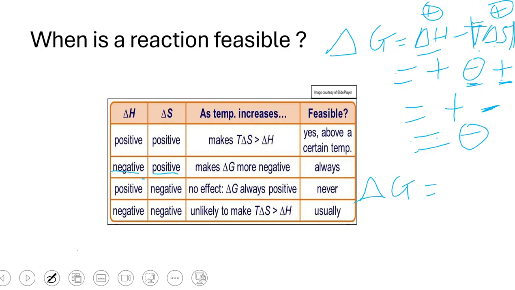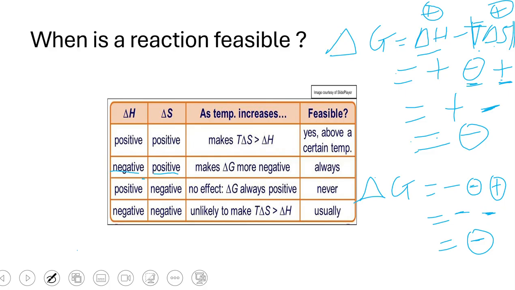If delta H is negative, minus the positive value of T delta S, so negative minus positive will give you negative. Negative plus a negative value will still give you a negative. So the reaction will still be feasible here.